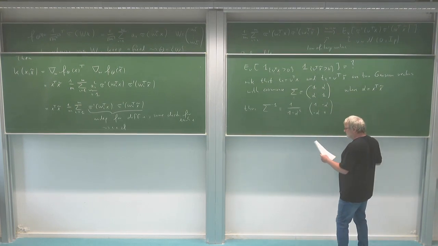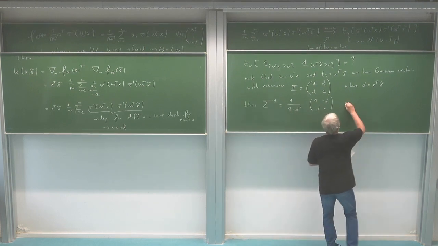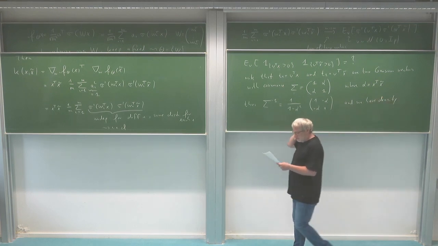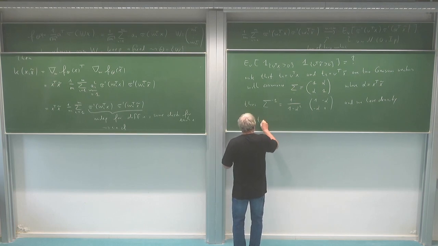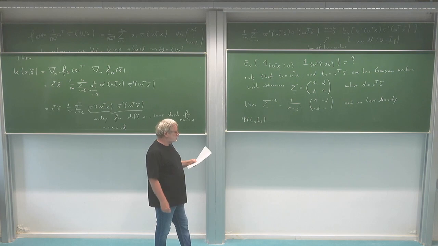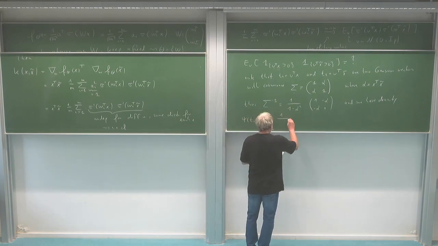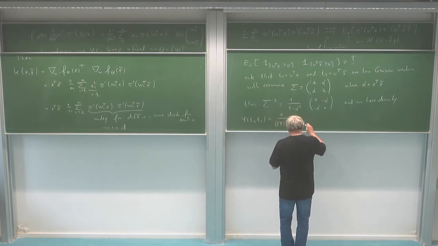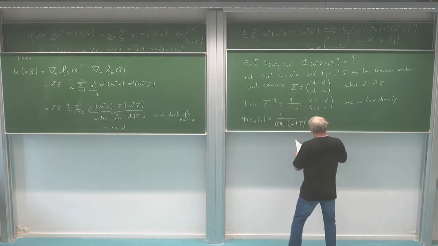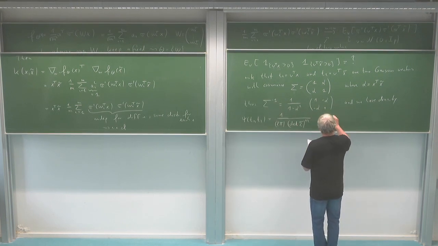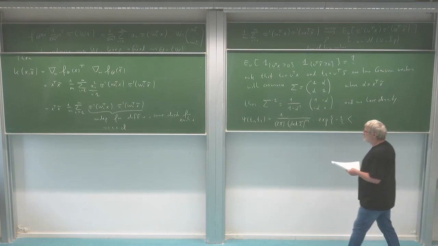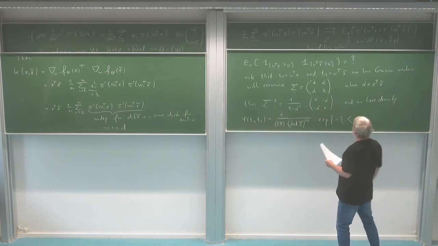Okay, and then the density of this two-dimensional Gauss is 1 over square root of 2 pi to the dimension, but this is now 2, so I have 2 pi, and then I have the determinant of sigma to the 1/2, and then I get here the exponential of minus 1/2, and I have here the inner product between this vector and itself, but modified with the inverse of sigma.